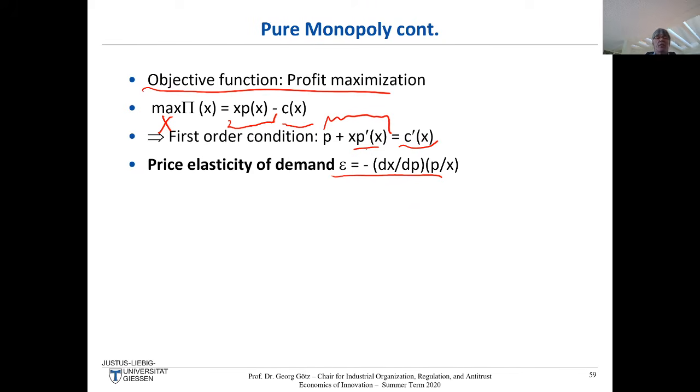Put differently, that is dx over x divided by dp over p, which is in the denominator the percentage change in price, and in the numerator the percentage change in quantity. So by how many percent quantity changes if price changes by a certain percentage. And of course we always have the minus here because we do that in absolute terms.